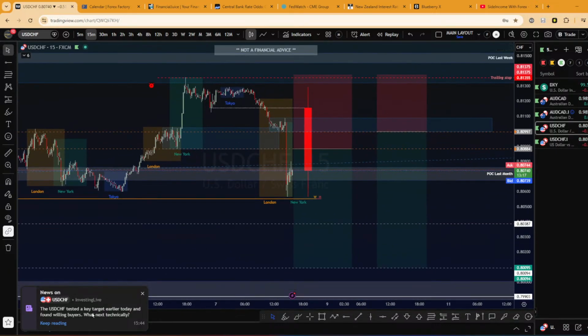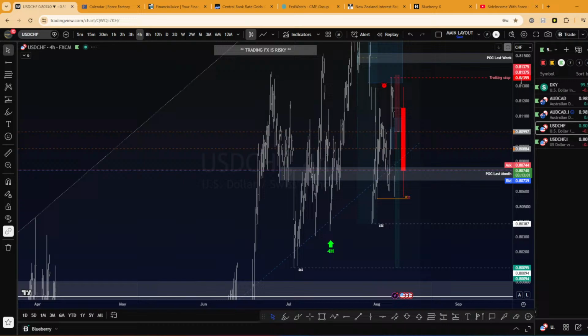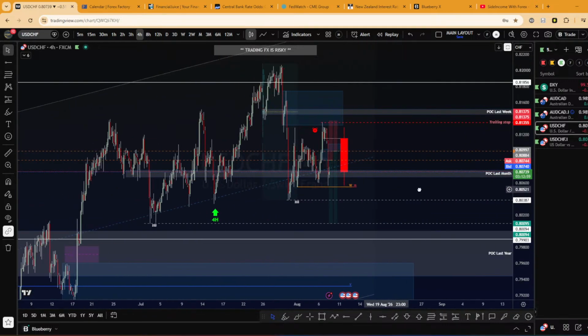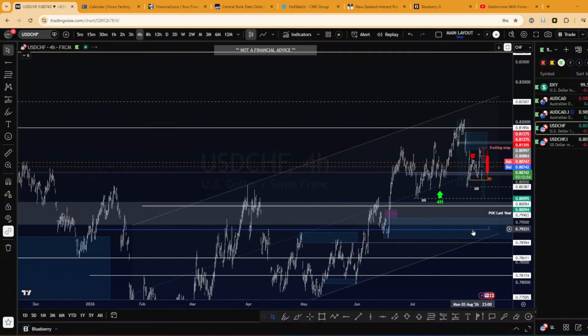The USDCAD tested a key target earlier today and found willing buyers. What next technically? Well, I think they are talking about this level. The willing buyers don't mean that it could not continue. Buyers could continue to push, because I would not be surprised. The higher time frame trend is bullish.